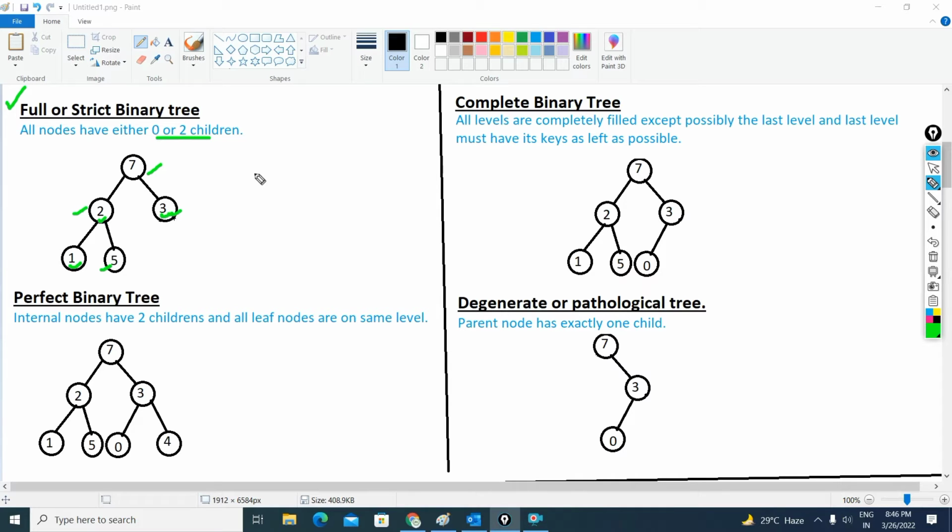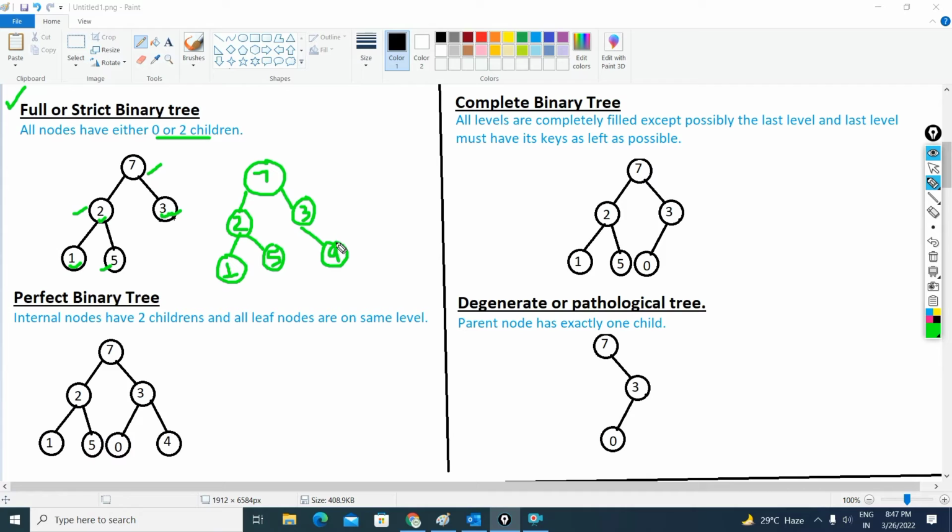If I draw a diagram with 7, 2, 3, 1, 5, 9, and I ask you whether this tree is a full or strict binary tree, the answer will be no, because it is not fulfilling the property.